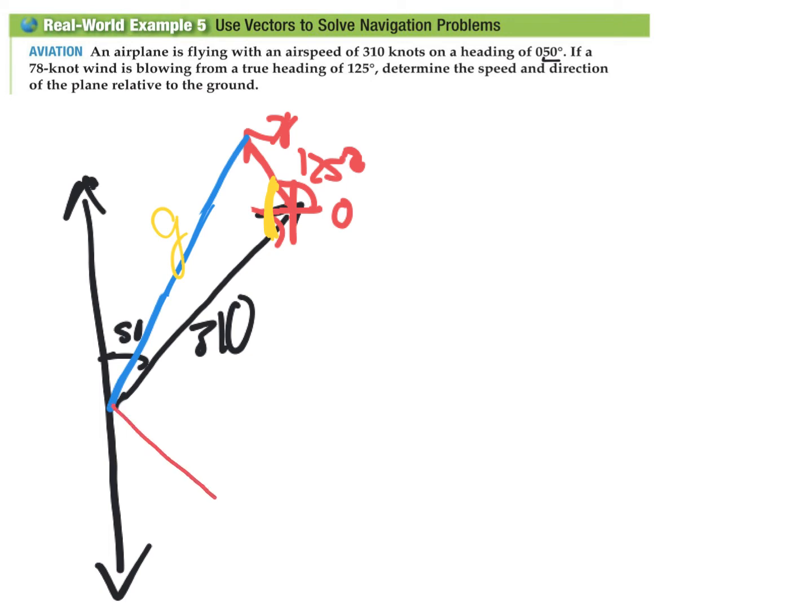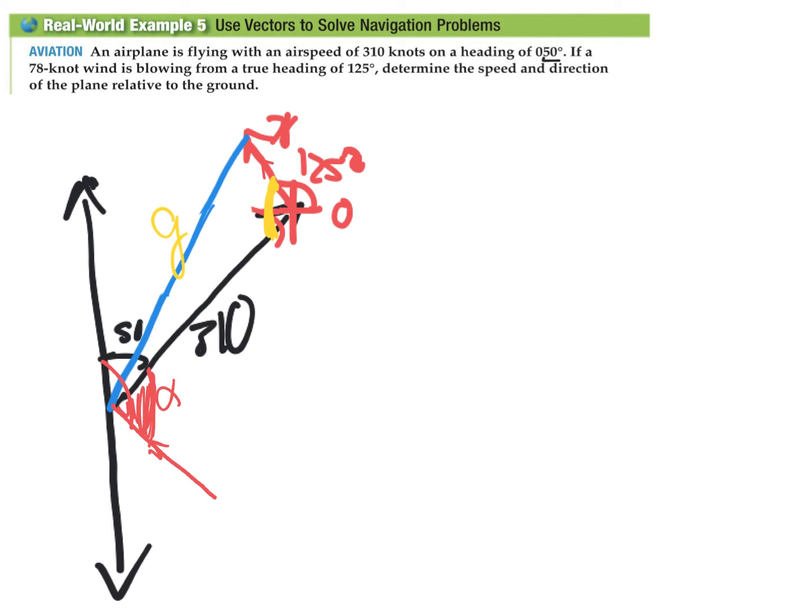So this line right here is parallel to that piece. So what we want to do is find the measure of this, which is 125, that whole measure parallel to that, minus the 50, because this piece right here we'll call alpha. That is the same as the one on the inside.